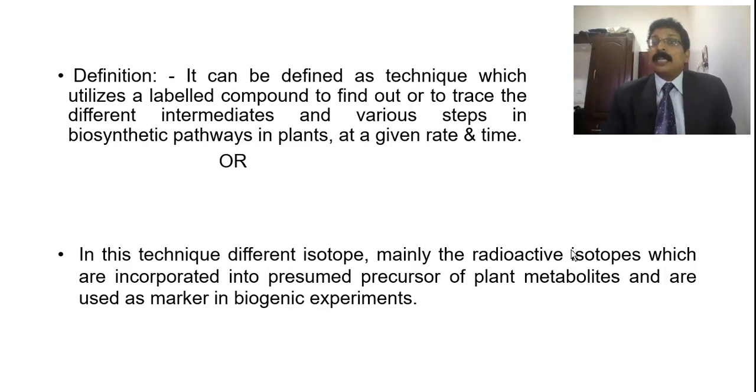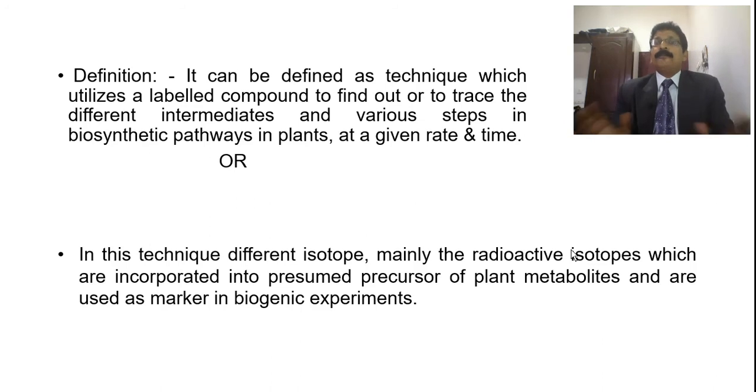The radioactive isotope will be present, and it will not decay. By that they can find out the structure, what compound has been changed. This is why I am taking this much time: some understanding is needed for your degree level.